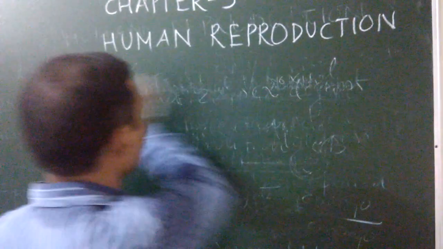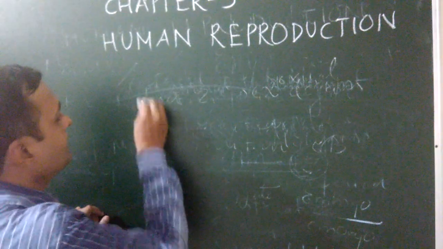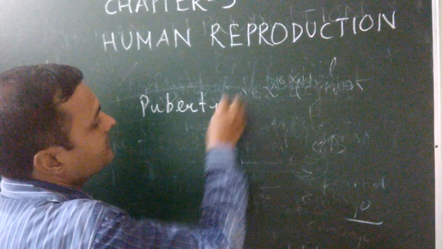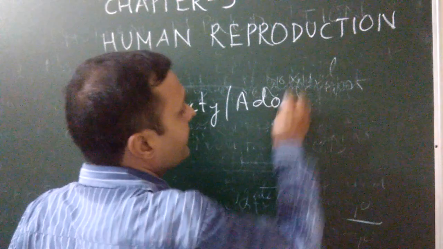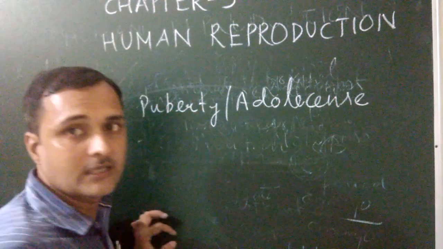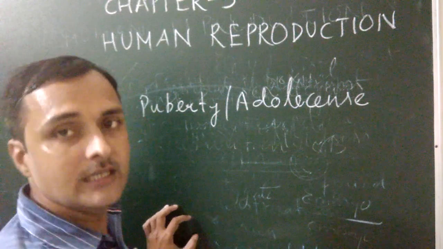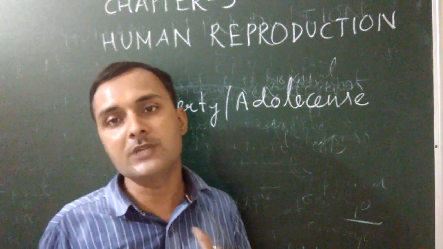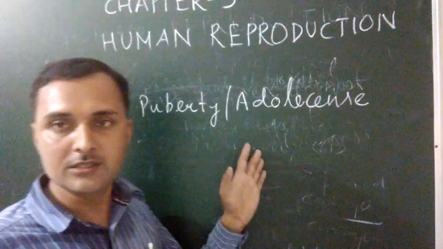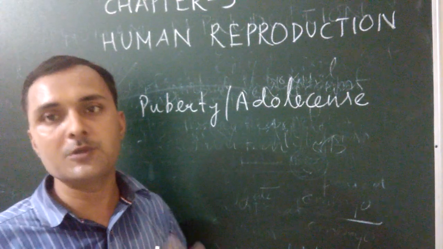Come to the next topic, that is puberty. What is puberty? It is also known as adolescence. So what is puberty? The age at which both males and females become mature and produce gametes is known as puberty. Once again, what do you mean by puberty?